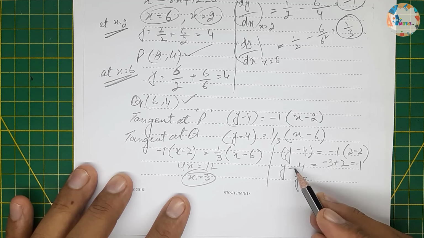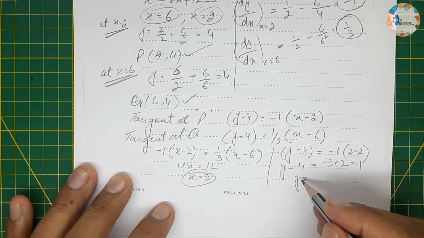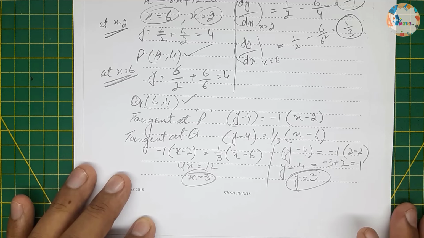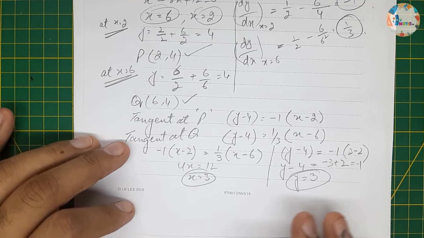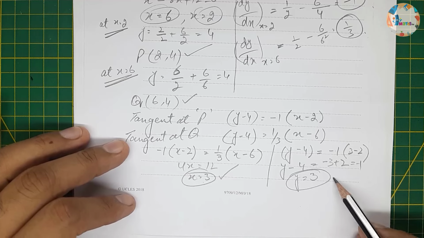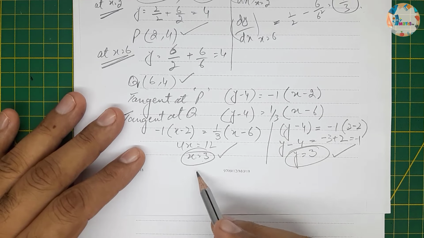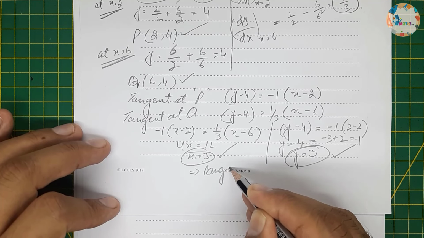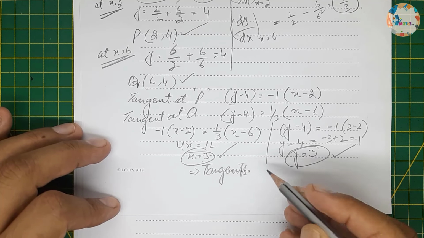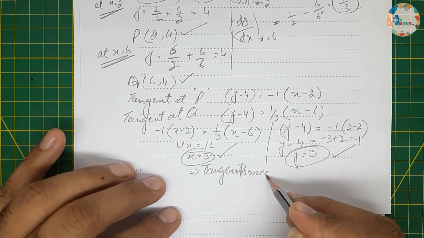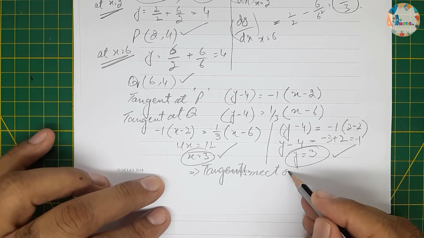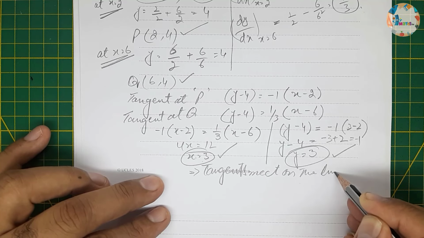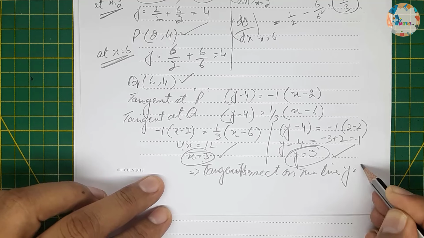So y will be equal to minus 1 plus 4, so y will be equal to 3. This will be our value. So the tangents meet at, basically we are getting the x value and y value the same, so this implies the tangents meet on the line y is equal to x.